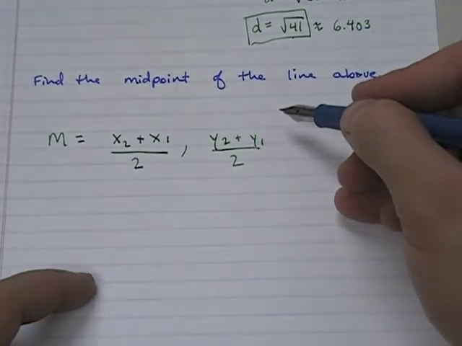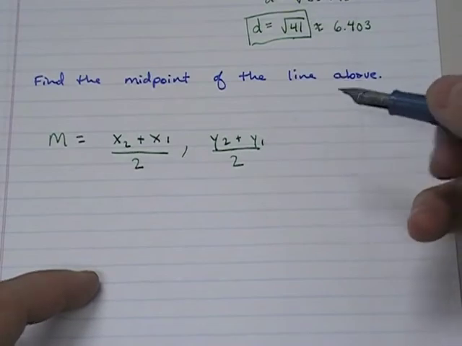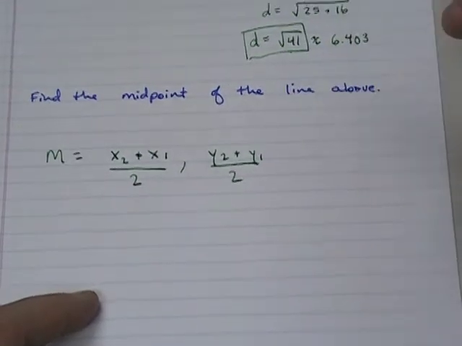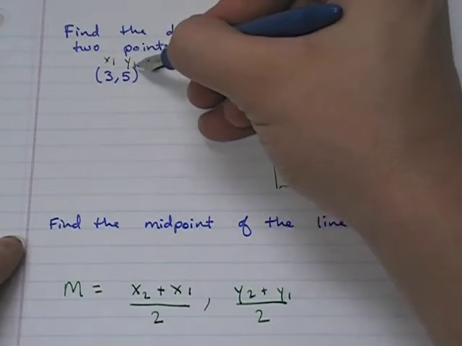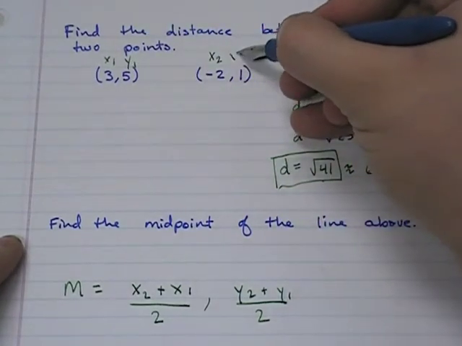And again, what we're looking for is, if you add these up and divide by 2, that should tell you where the middle is.